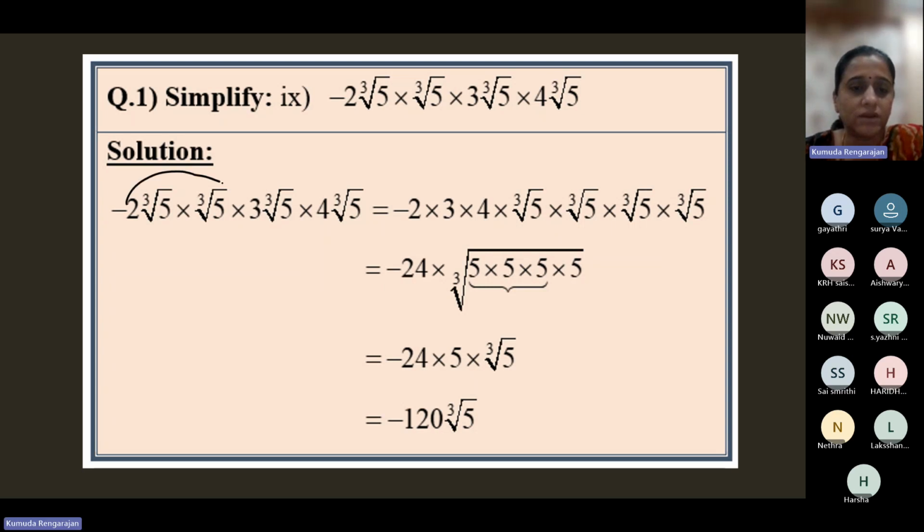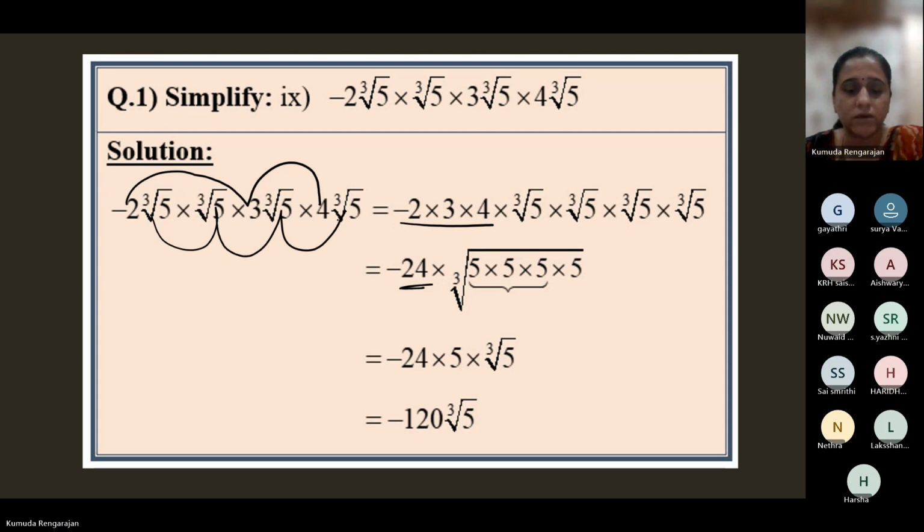So first we multiply the numbers -2, 3, and 4, for which we get 24. And then this into this into this into this. You can take one cube root symbol and multiply all the 5s under that. So cube root of 4 fives, 5 into 5 into 5 into 5.